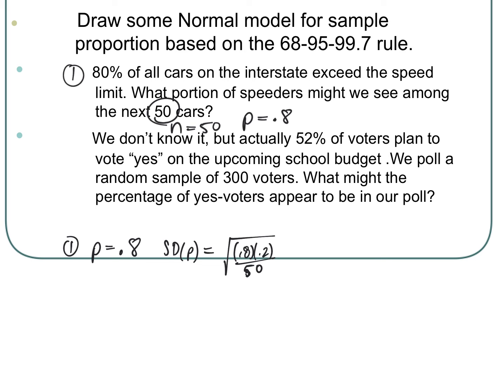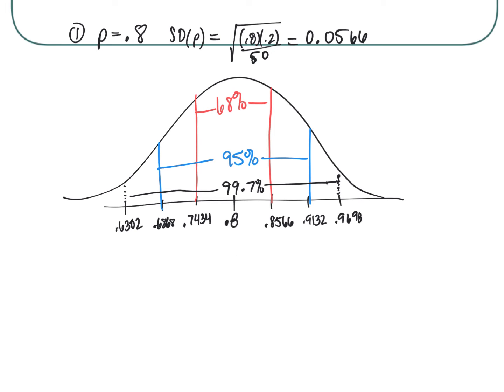Let me find my calculator. Okay, so we put 0.8 in the middle, we added 0.0566 three times, and we subtracted it three times. So here's our normal model for a sample of 50 cars.